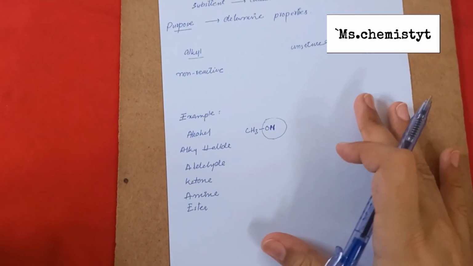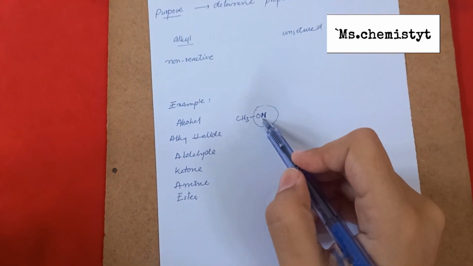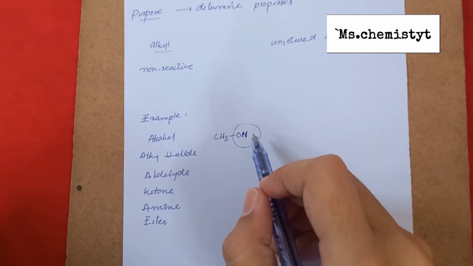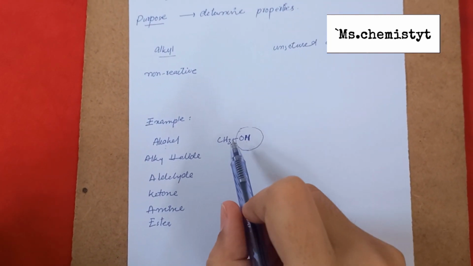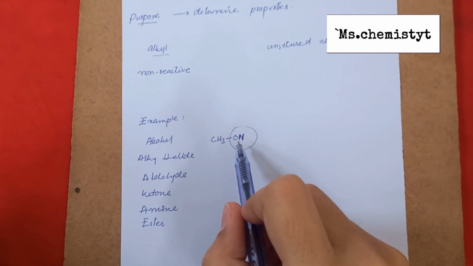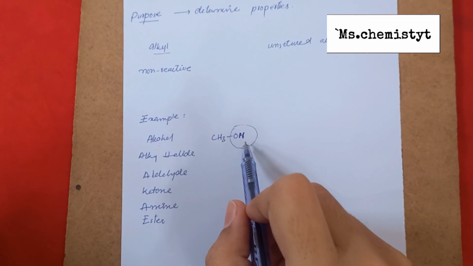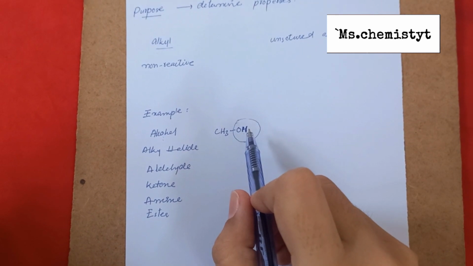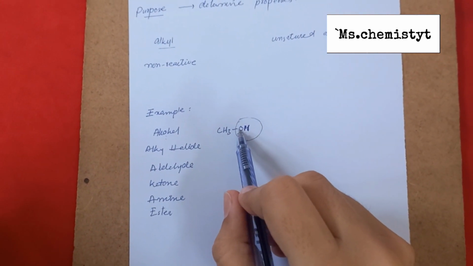We can say the OH group is the alcohol functional group. The IUPAC name for this compound is methanol, and by a common name, it is methyl alcohol.